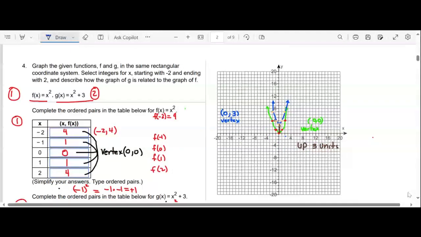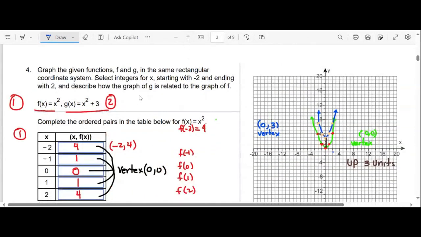Number 4. He's giving you two equations, or two functions. The first function, y equals x squared. The second function, x squared plus 3.